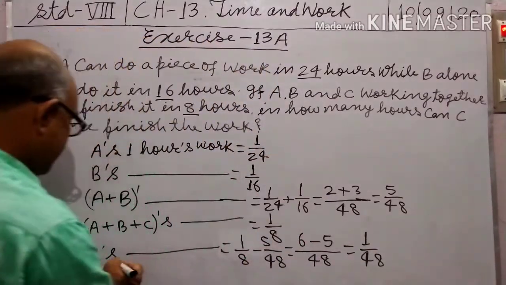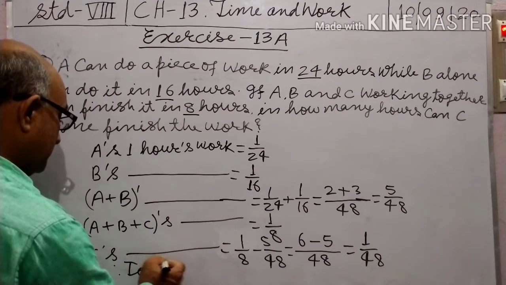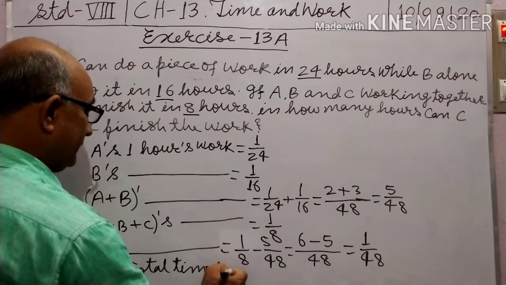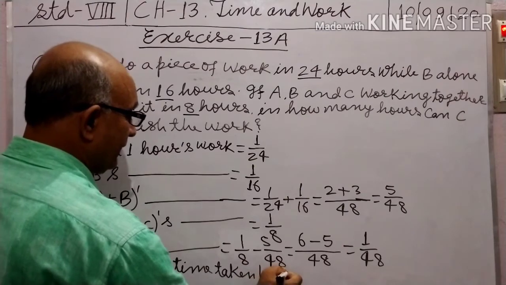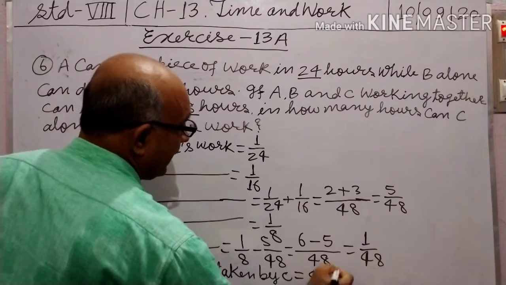So, therefore, the total time taken by C equals 1 by 48, change it, 48 hours.